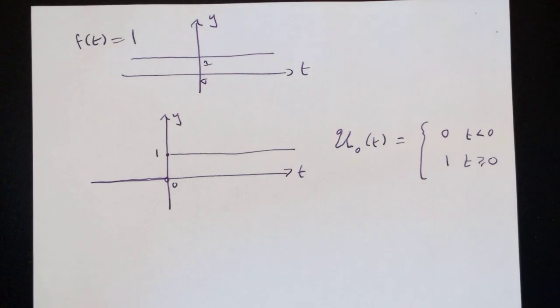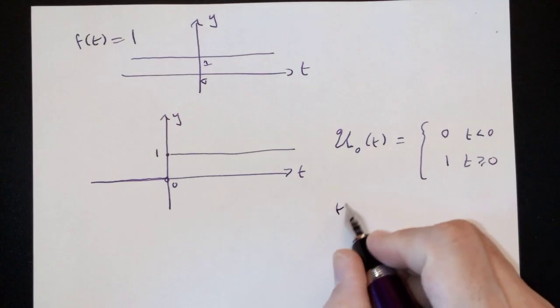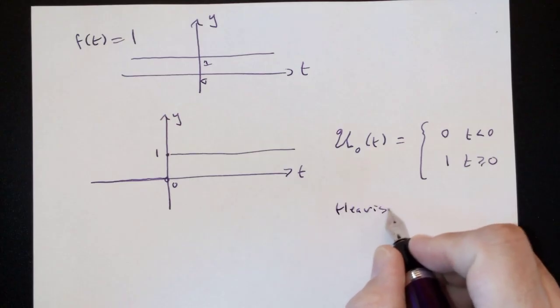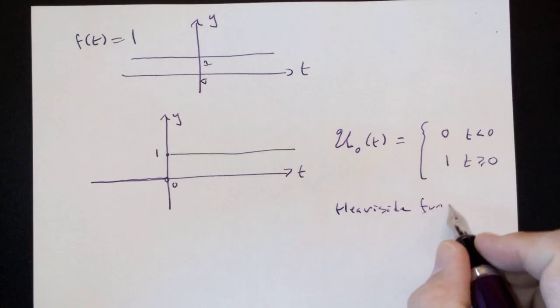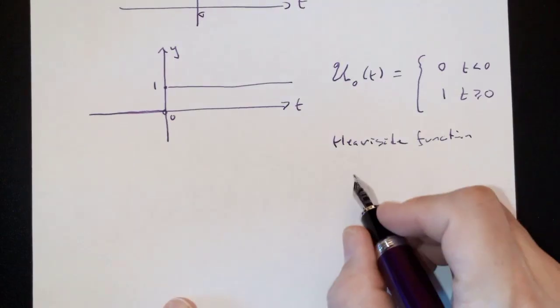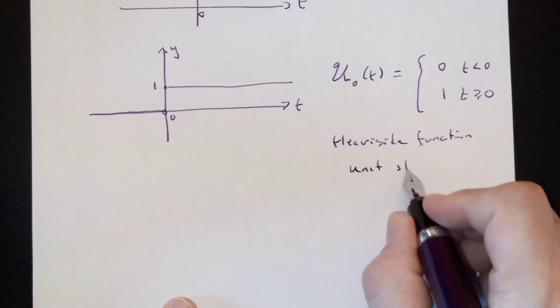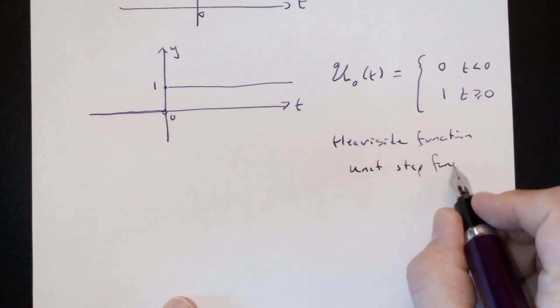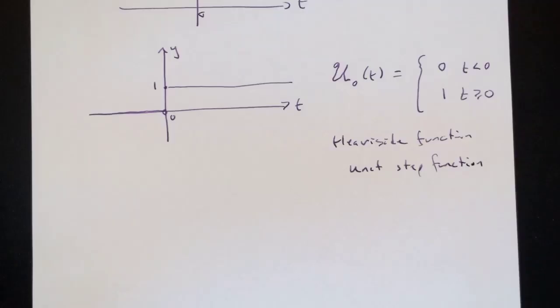In most of the other books, I've seen this called by the name of the guy who came up with it. This is called the Heaviside function. The U comes from the fact that it is also called the unit step function. It steps up once by a distance of 1 unit.